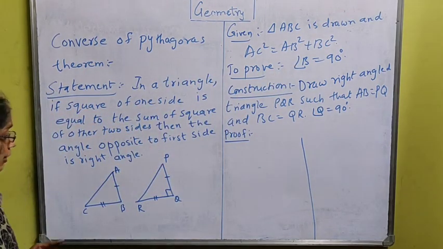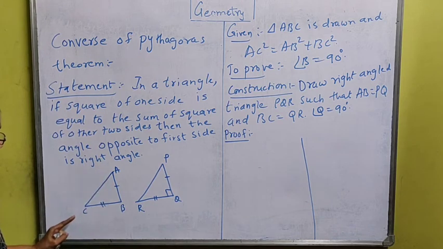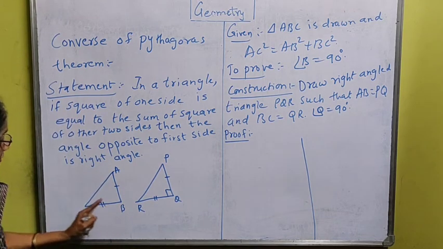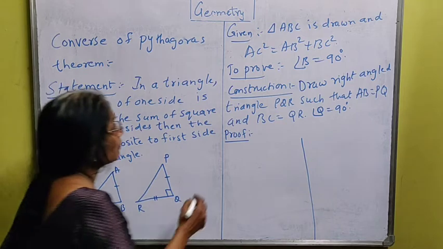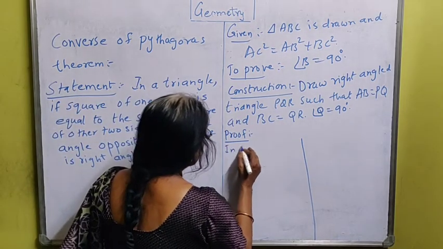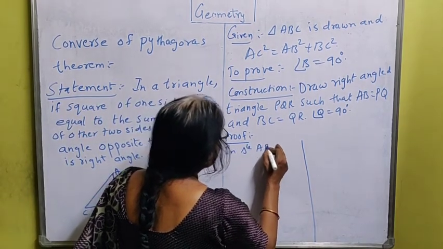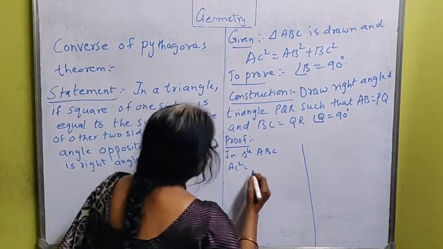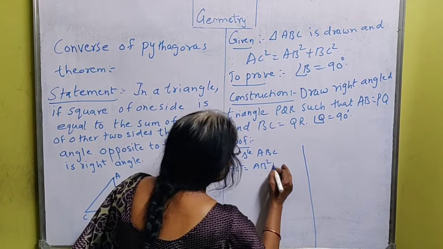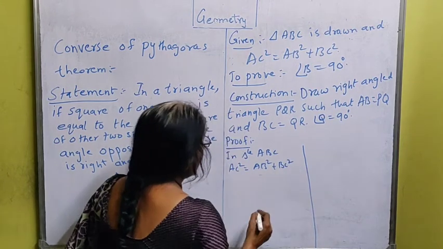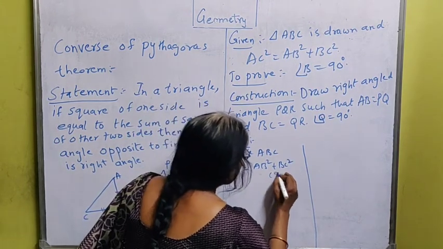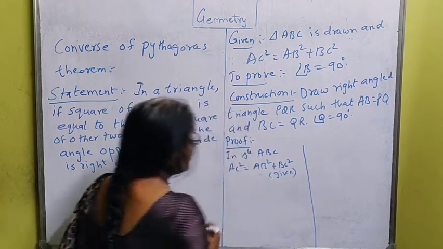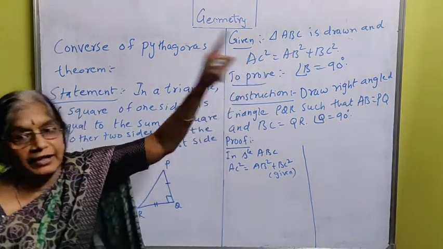It is already given to us. So in triangle ABC, AC square is equal to AB square plus BC square. So it is given. Very important. Already given, I have written.